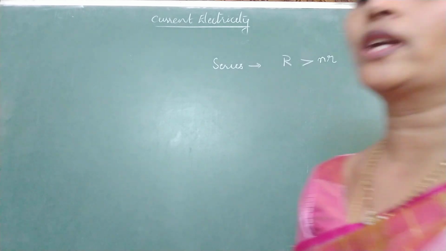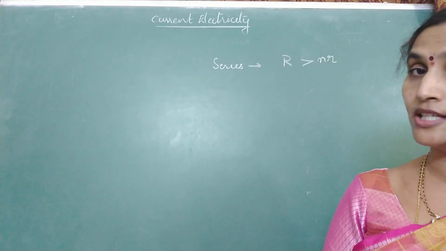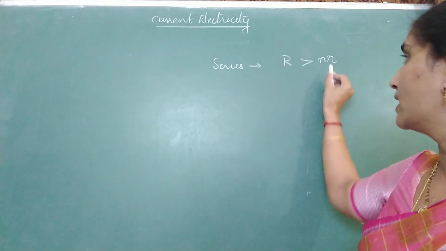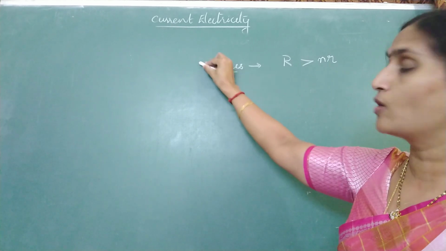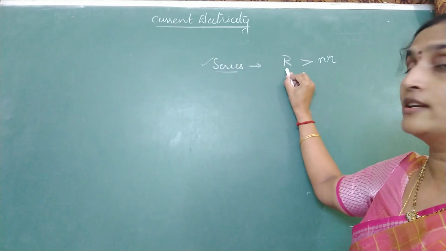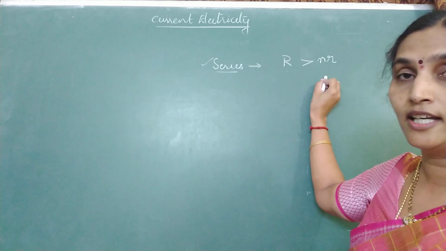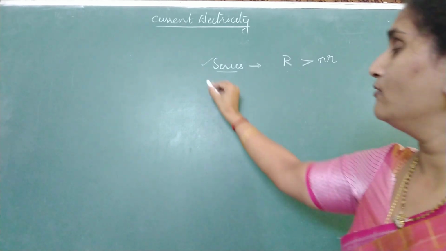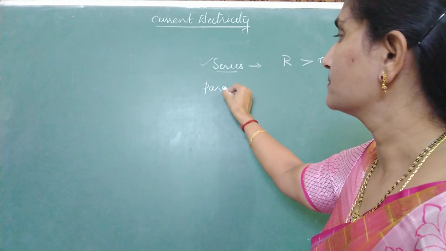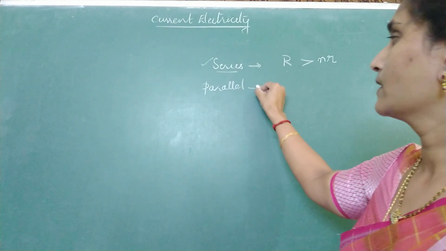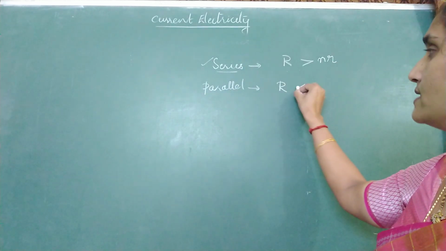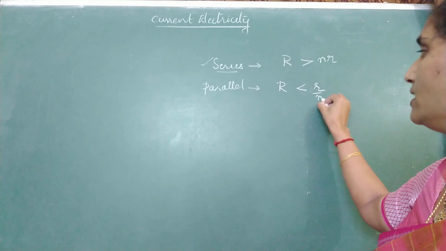Okay, if you calculate the total internal resistance of series combination, we will get it as n into small r. We prefer this series combination when your external resistance is much greater than internal resistance. And we prefer parallel combination if external resistance is less than total internal resistance.